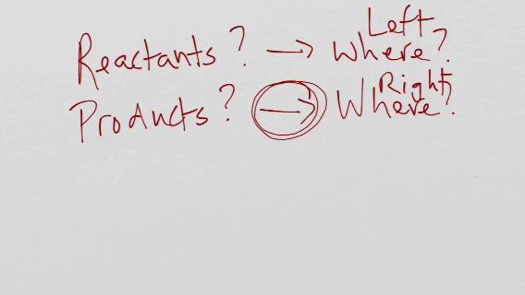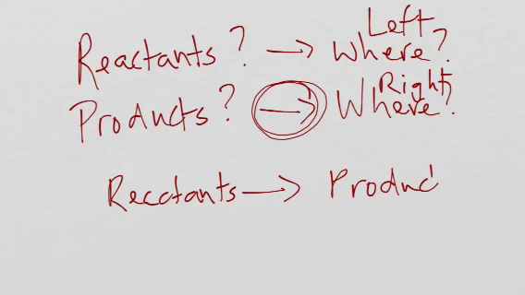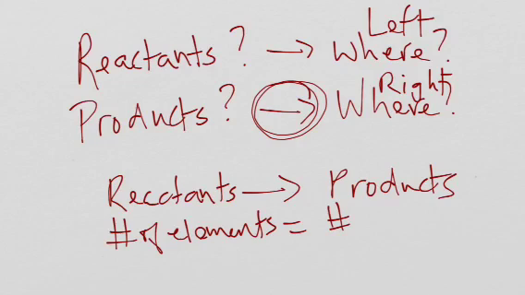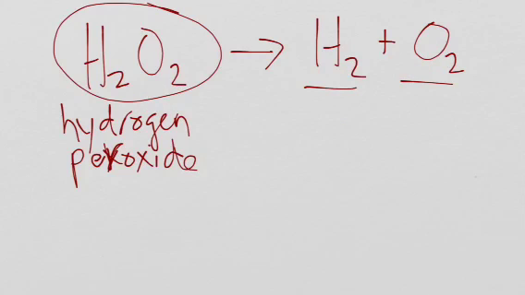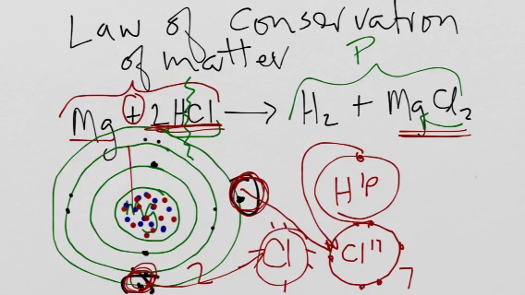I also need you to know that the product side, so if I have reactants yields products, right? I need you to know that the number of elements is equal to the number of elements. We prove that right here with our magnesiums, writing out the M's, the G's, and the H's.